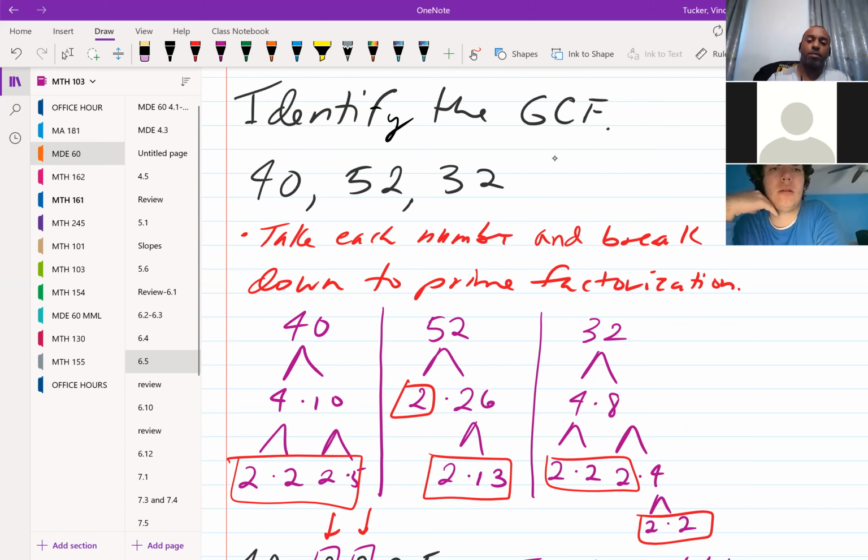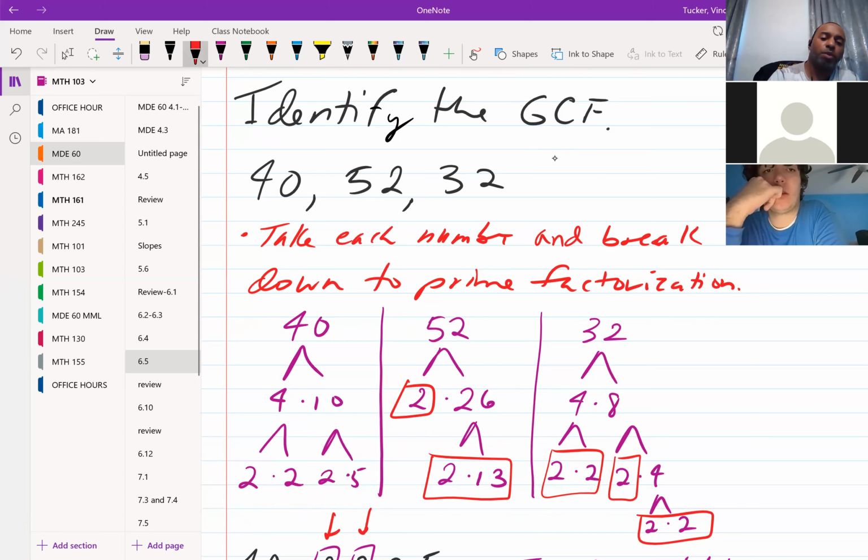Then 4 is 2 times 2. And then 8 is 2 times 4. Now I can't break down 2 any further, but I can still break the 4 down into 2 times 2. So I just put a box around my prime numbers.